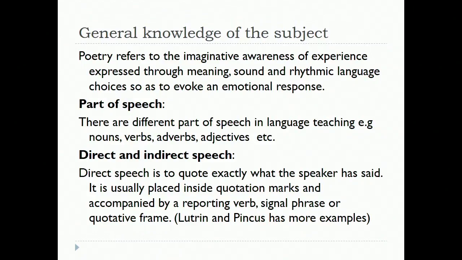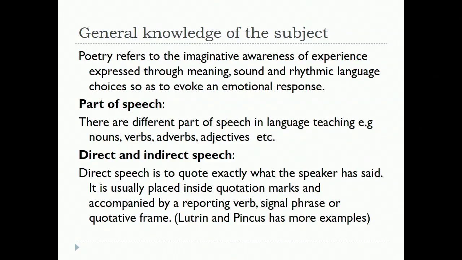For example, if you have to quote what I have just said, if I said, she is eating, then in direct speech you have just to say, she said that. That one is what we call a reporting verb.